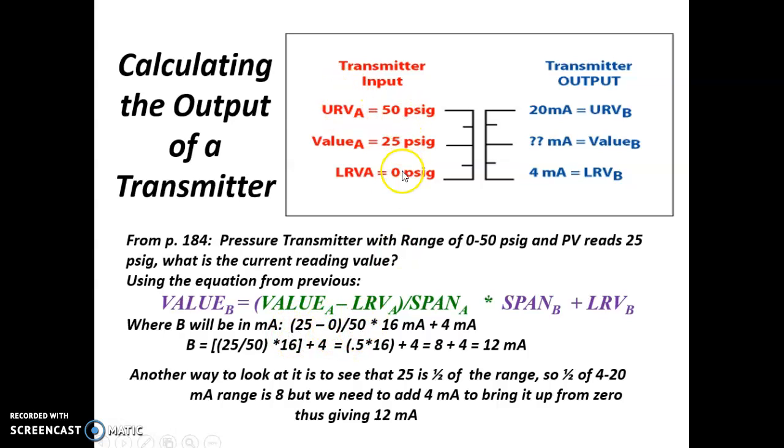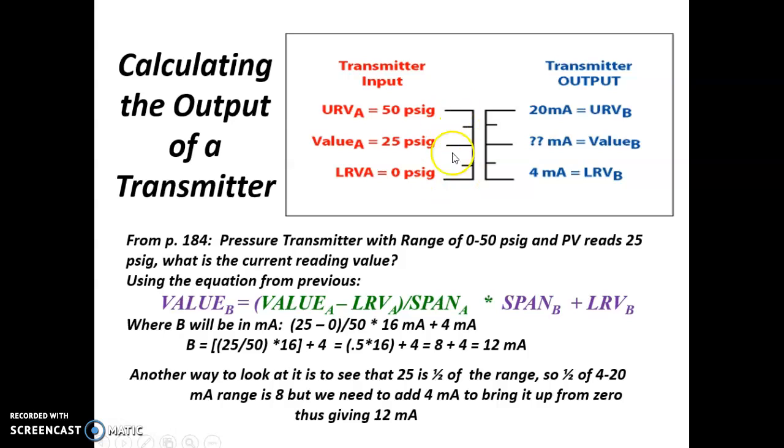The span is 50 minus 0, which is 50, so that equals 1/2. Now we multiply that by the span of the new transmitter output scale, which happens to be milliamps. 20 minus 4 is the span, which is 16. We take this number, which is half, and multiply that by 16. Then we have to add where we start on that other scale, and we happen to start at 4. So it's 1/2 of 16, which is 8, plus 4 equals 12.